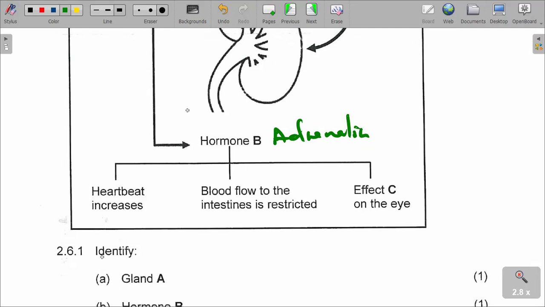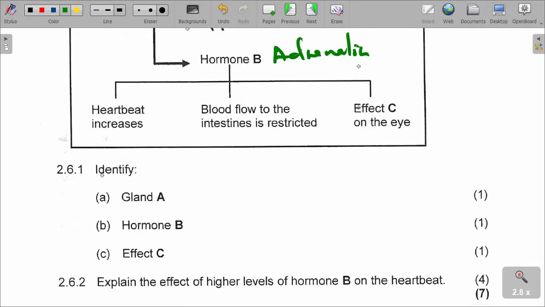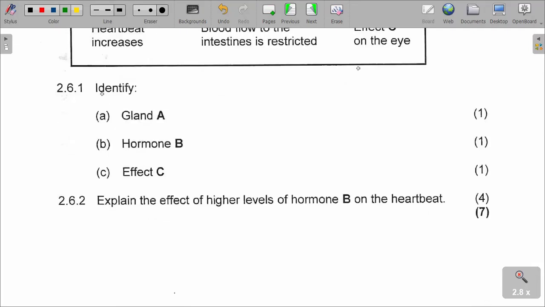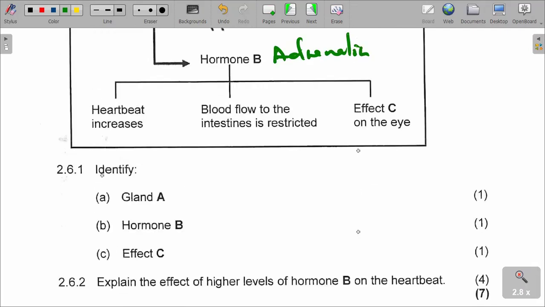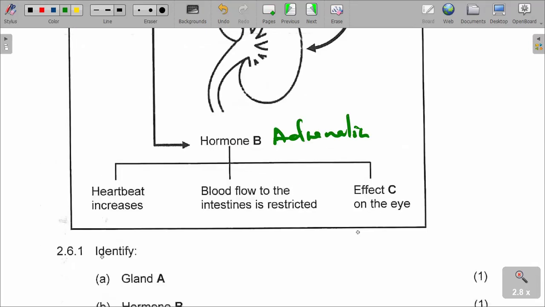It is the adrenaline hormone. And then effect C on the eyes when a person is under fight and flight. On the eyes, what happens?